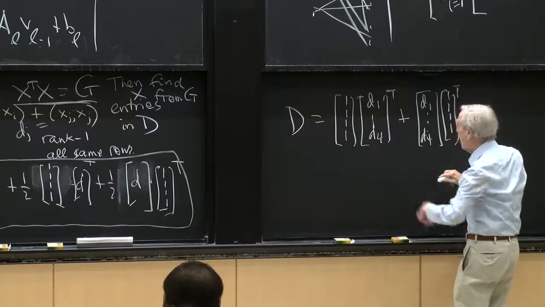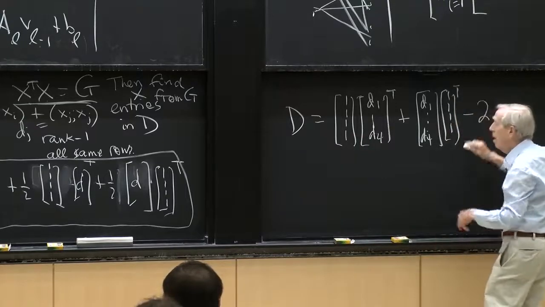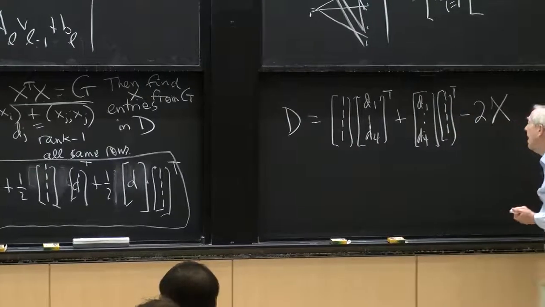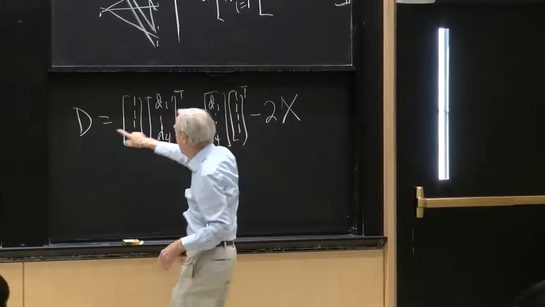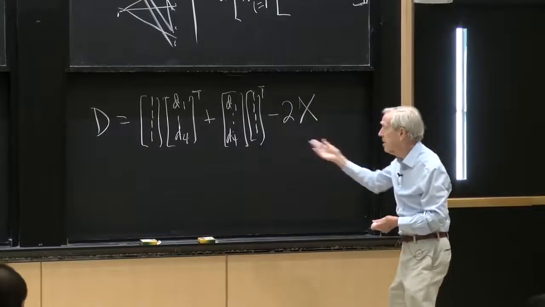And then the other one was a -2 of the cross product matrices. I see. So when I write that equation in matrix language, I just get that.